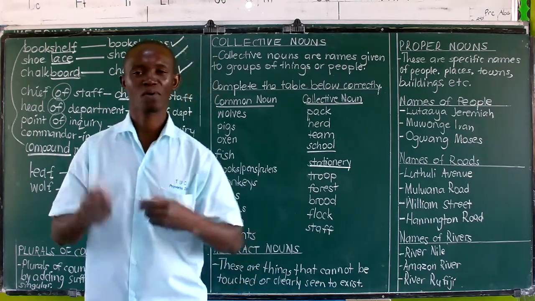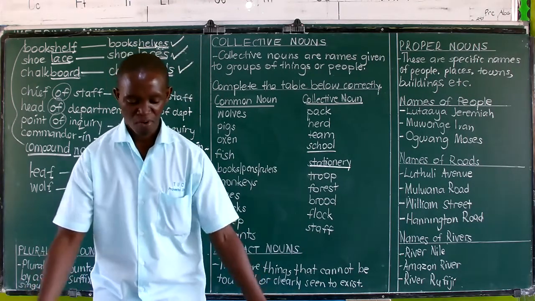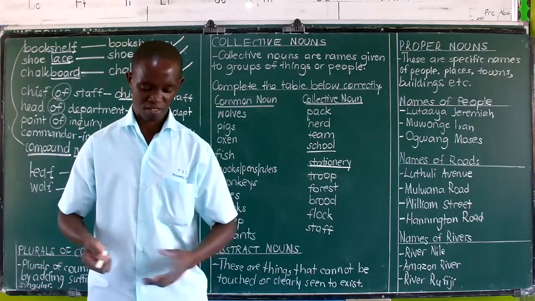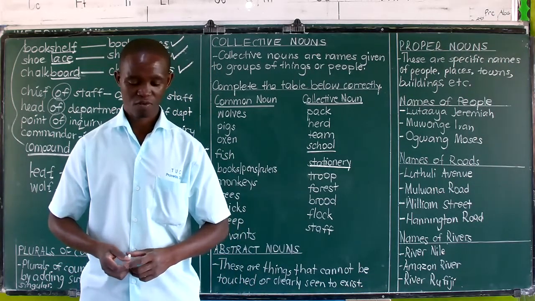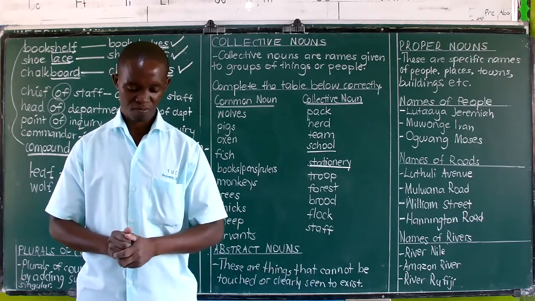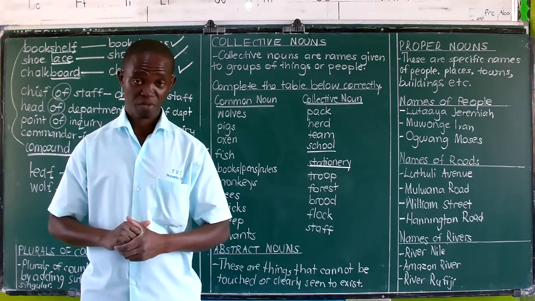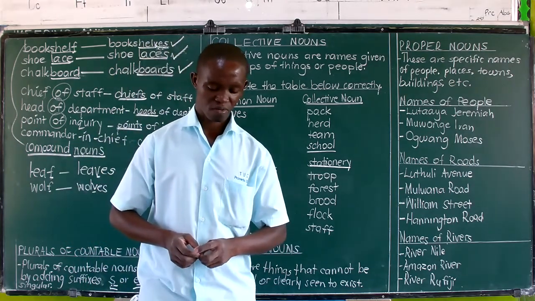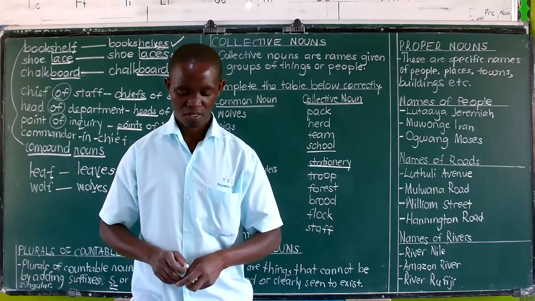pronunciation, not pronoun, but pronunciation. So you go to S-I-O-N, that's another suffix used to form abstract nouns, where we have words like explode. There's a typing error here. These words were supposed to be written starting with small letters or lowercase letters.